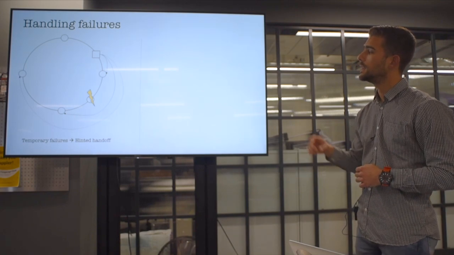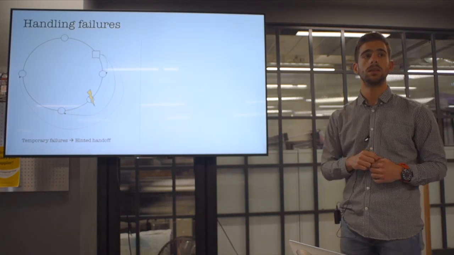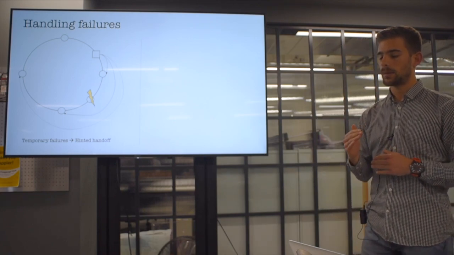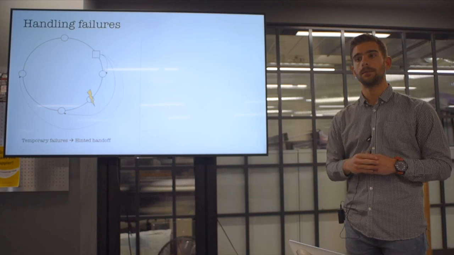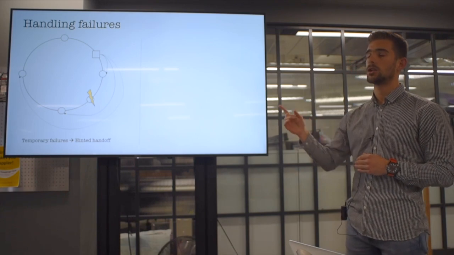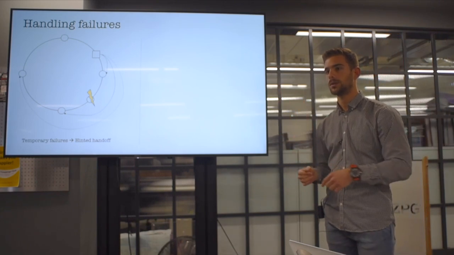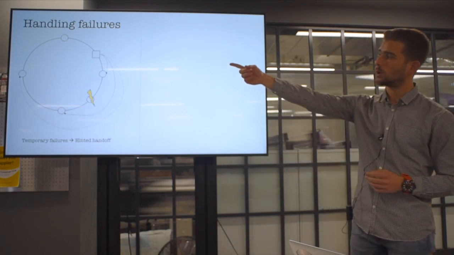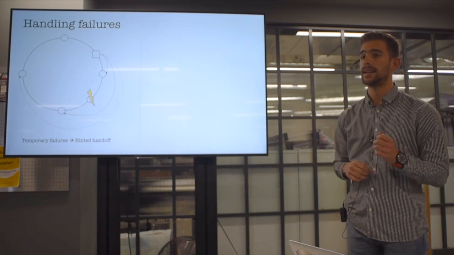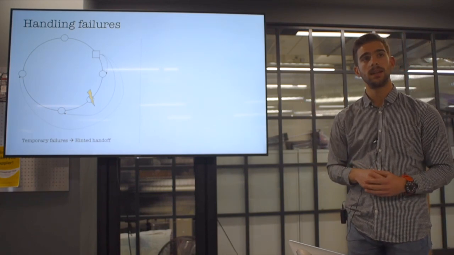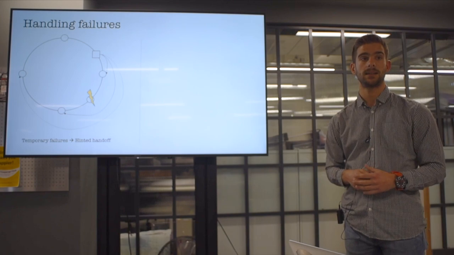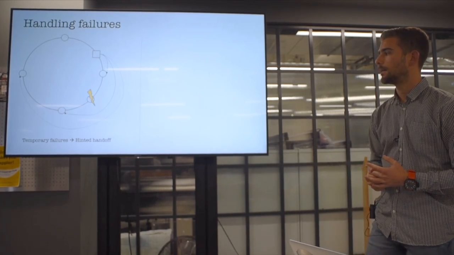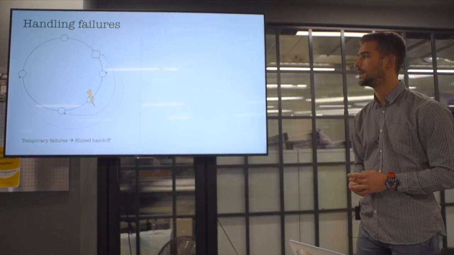So what they do instead is they pick the next node and give that data to that node instead. That node will keep it in a table temporarily, and they also have a protocol that we will see later on for knowing which nodes are up and down. So when that node, the fourth node, identifies that the second node is up again, it sends the data back. The second node applies them.